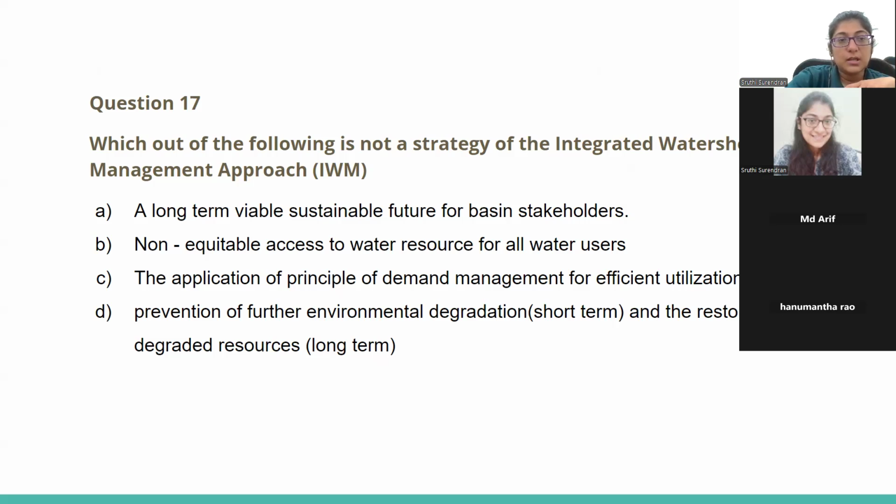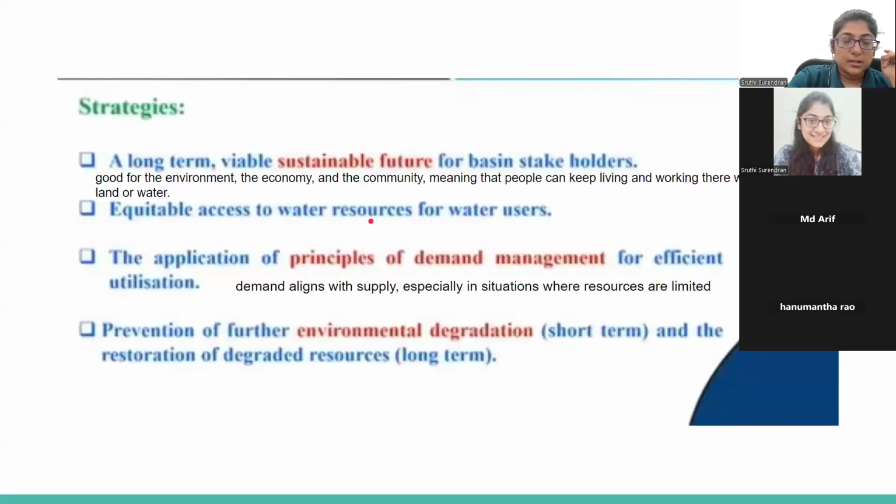I'll move on to the answer. So the various strategies that are followed in integrated watershed management approaches: making it a priority for the future.